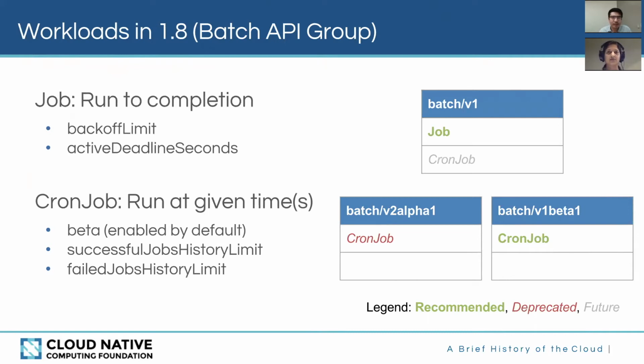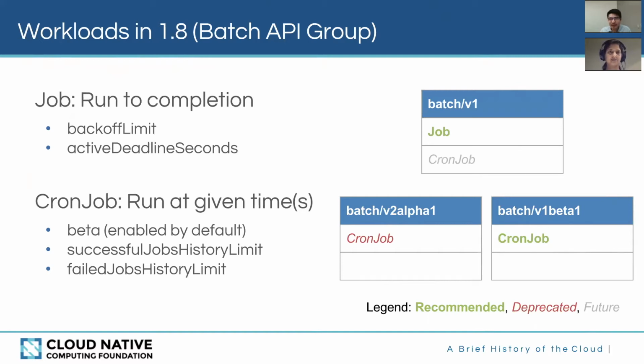And again, we have this concept of these API group versions. So there's 3 versions, and I want to point out there's a little bit of confusion here because the batch v2 alpha 1 is actually the one that's deprecated, and the recommended one now is batch v1 beta 1, which is unexpected. You would think that v2 comes after v1.